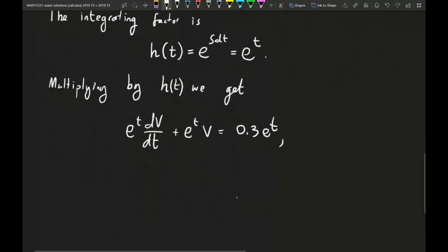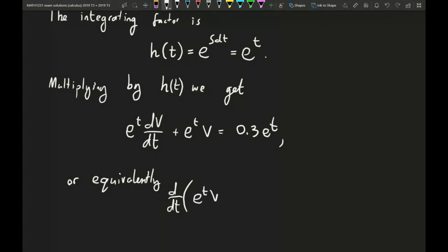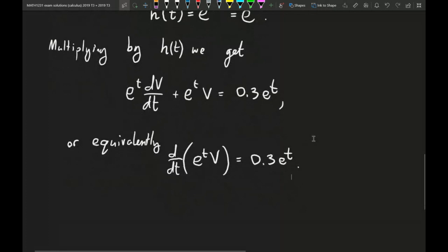And the whole magic of this is it is equivalent to the derivative of a product. The magic is this is just the derivative of e^t times v. That's a very easy problem to solve. If I tell you the derivative of something is this exponential, you know what that must be.